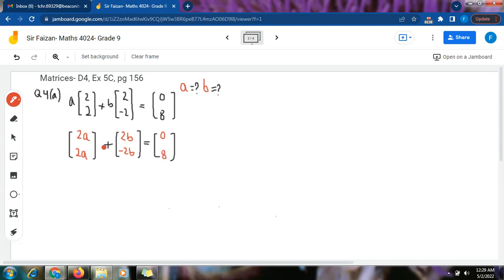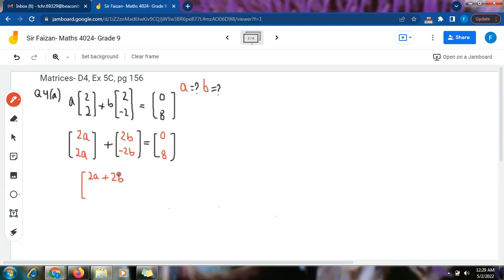So now I have to add these two matrices, and I know that before addition I have to check the order. If the order of the two matrices is the same, then they can be added. The order is the same, two rows, one column, two rows, one column, so they can be added. And since they are unlike terms, what will I do? I will just write them inside the bracket like this, 2a.